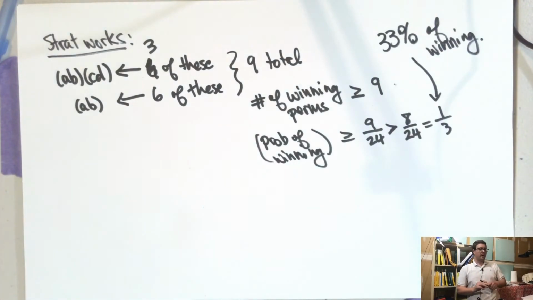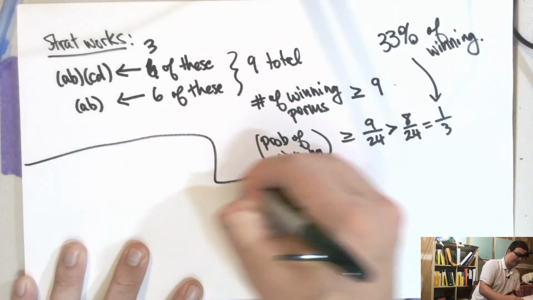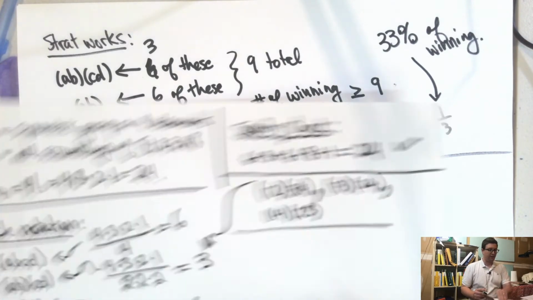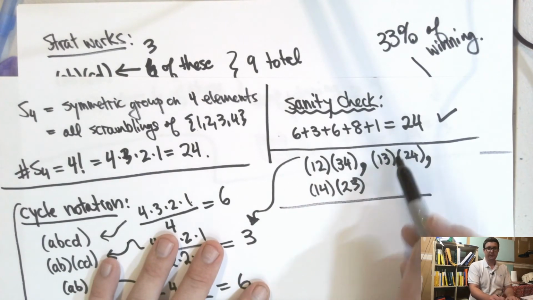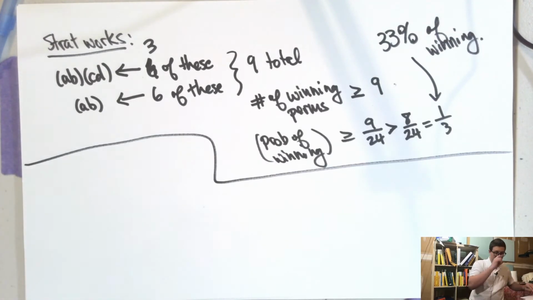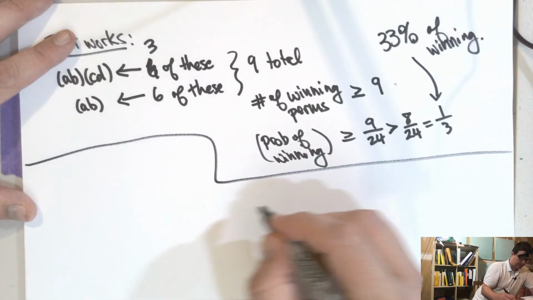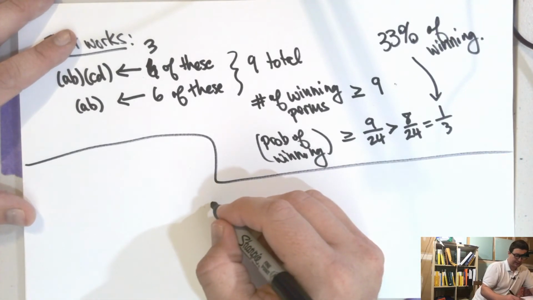So what would a winning permutation look like? Let's pick one of these permutations that was winning. So say it's one of this type, okay? So this is a winner, right? So then the boxes would be like so. Let me write the boxes here.